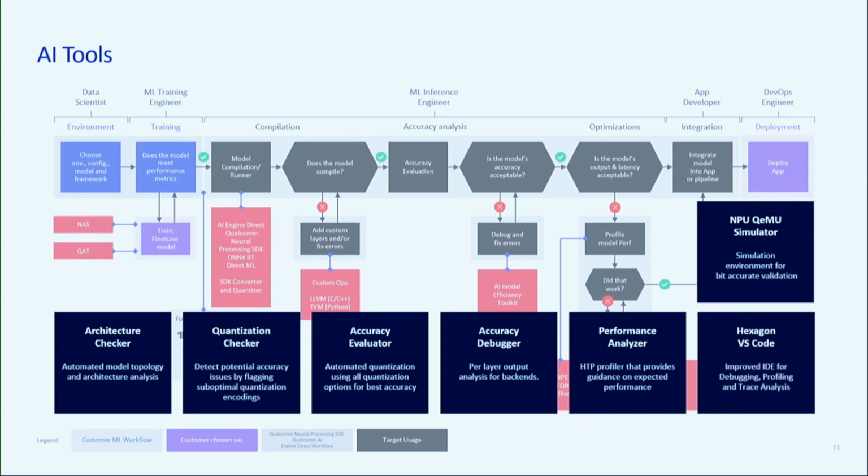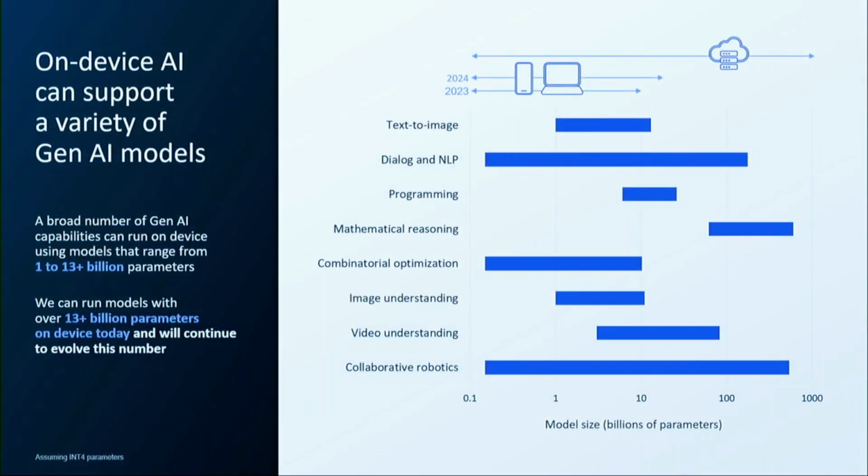With an installed base of billions of AI-capable phones, PCs, and other devices in users' hands today, the potential to tap into a large amount of on-device AI processing for generative AI is already significant and poised to grow steadily in the coming years. A key question becomes which generative AI models can run on device with appropriate performance and accuracy.